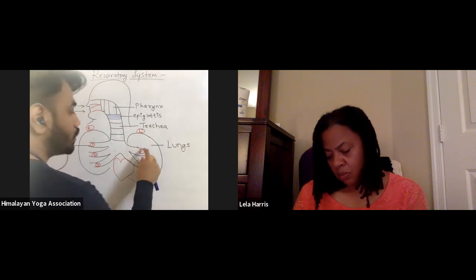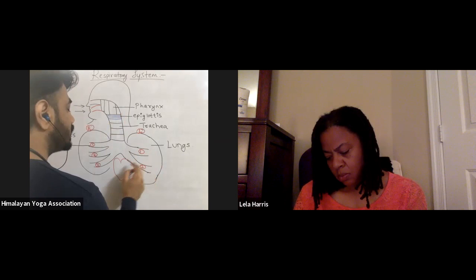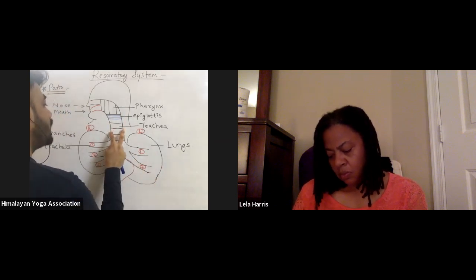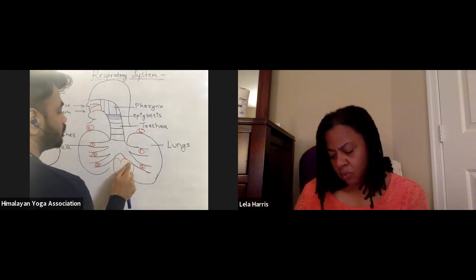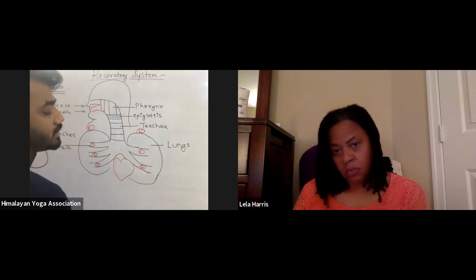So we have only 2 branches of trachea in our left lung, and 3 branches of trachea, our windpipe, in our right lung, due to the location of the heart.